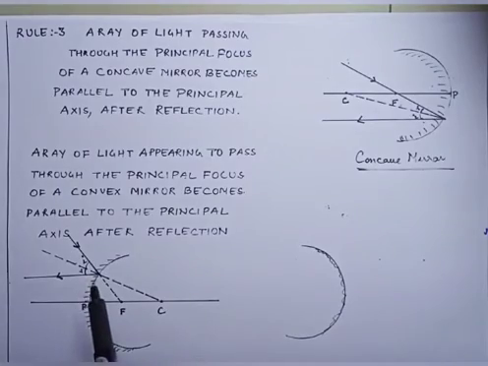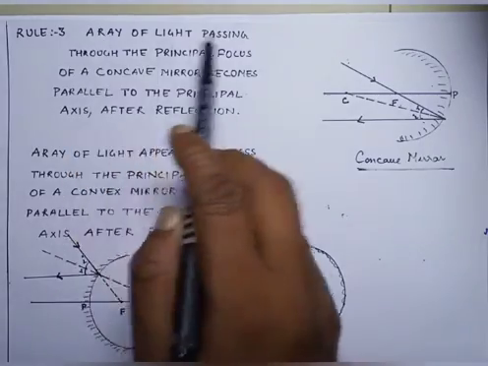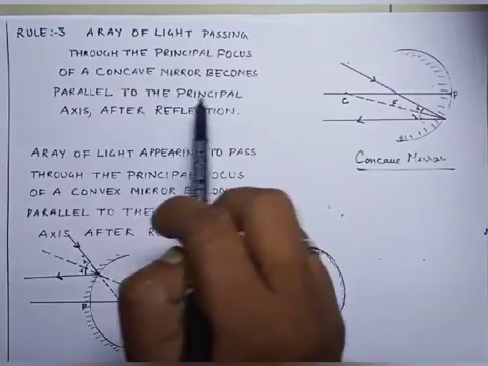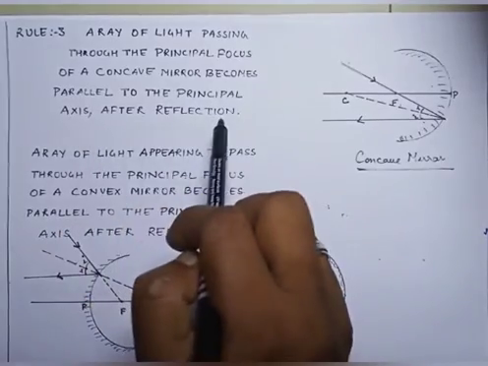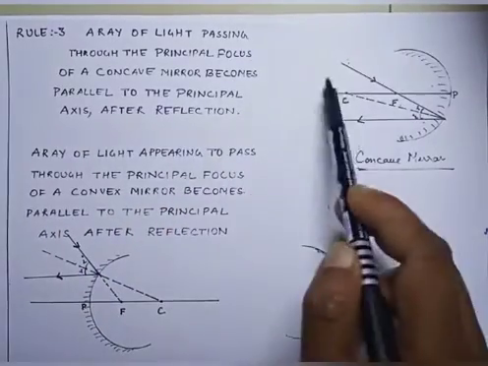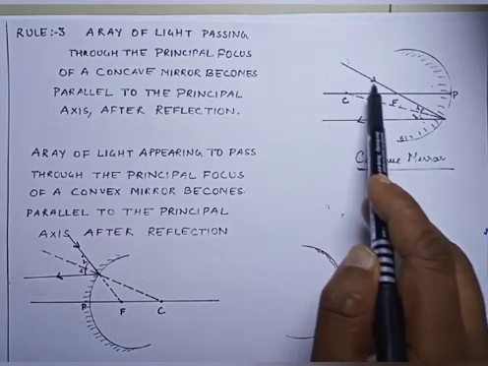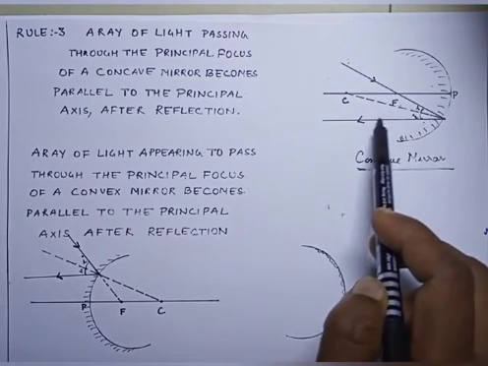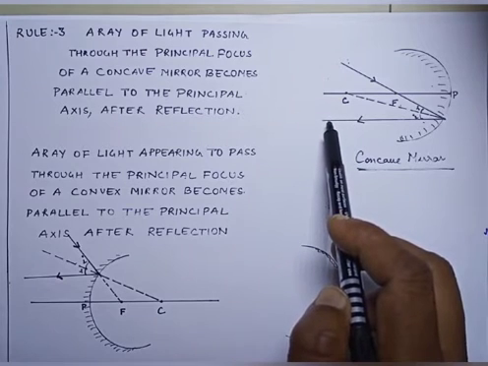Let us move to the third law, that is, a ray of light passing through the principal focus of a concave mirror becomes parallel to the principal axis after reflection. If a ray of light passing through the focus strikes the mirror, it will become parallel to the principal axis.